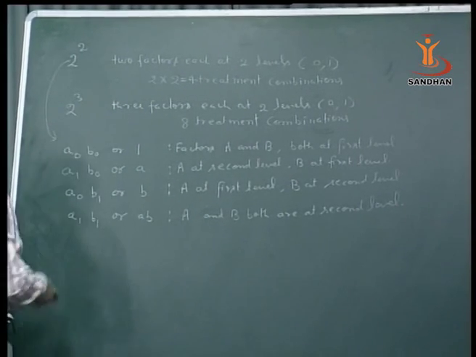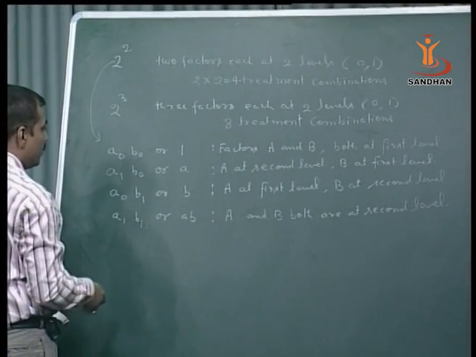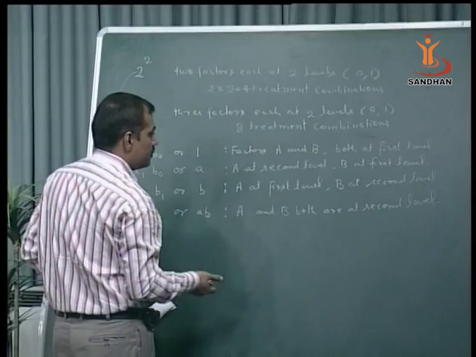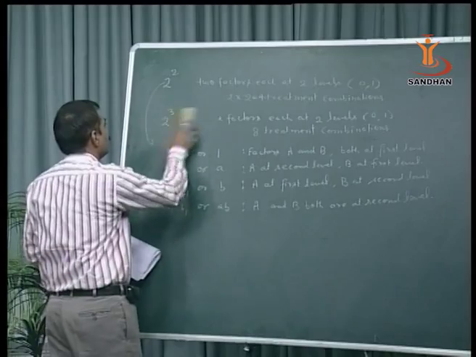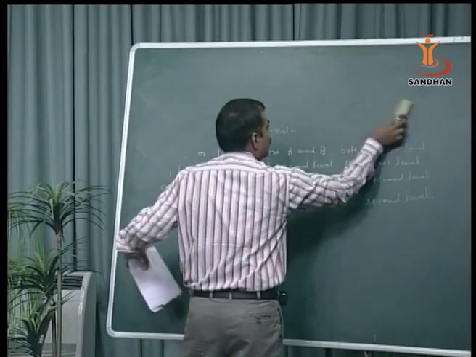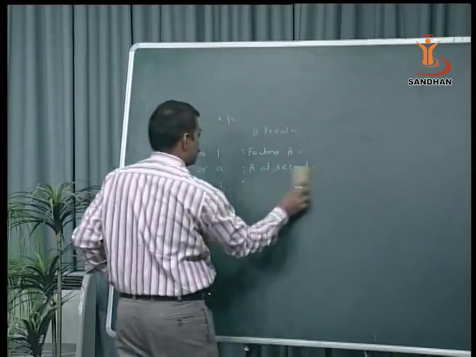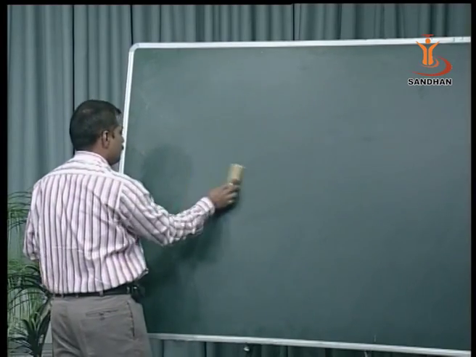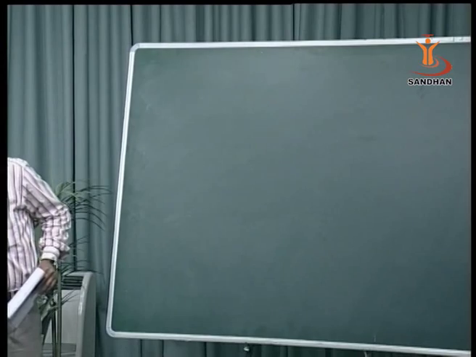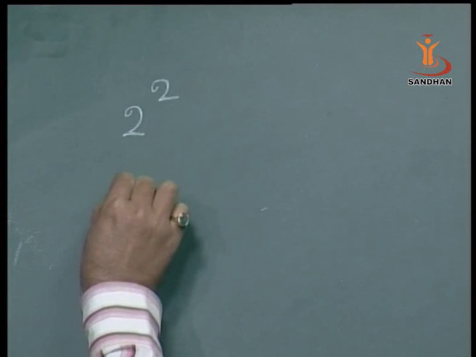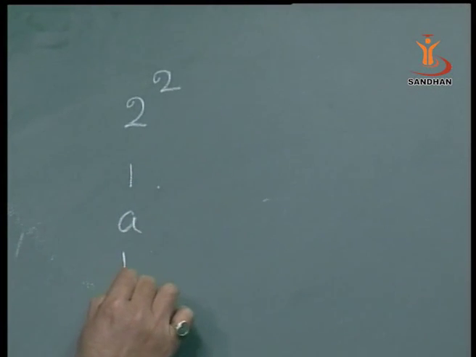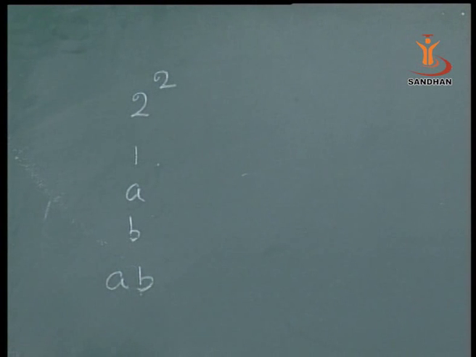Similarly, for 2 raised to power 3, we may introduce a third factor C. Now the treatment combinations for 2 raised to power 2 and 2 raised to power 3 are like this. For 2 raised to power 2, it will be first 1, then A, then B, then AB, so there are 4 combinations in all.